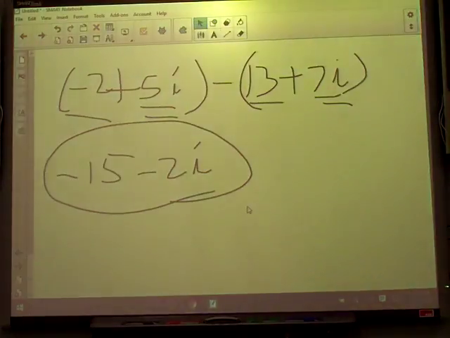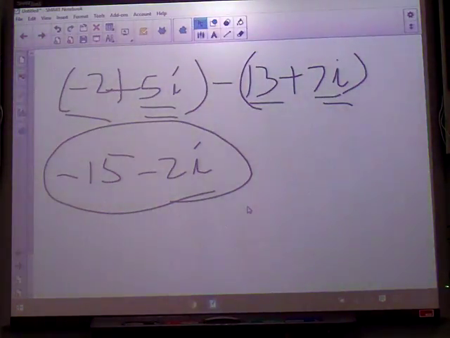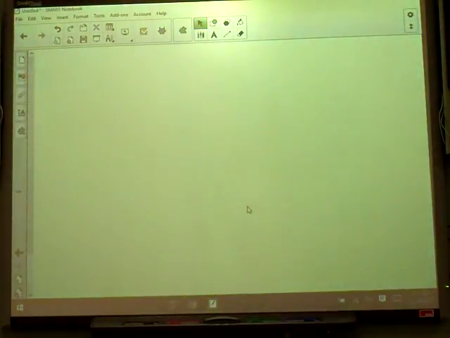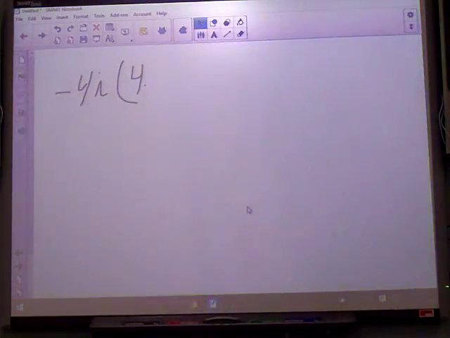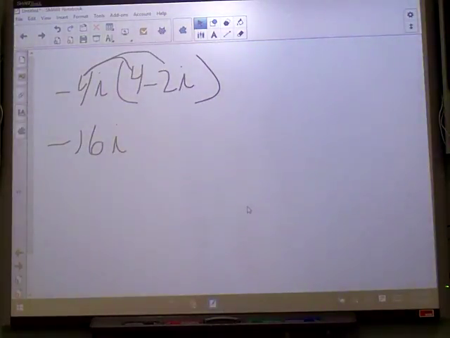On the next section, we were multiplying them, so I'm going to do 118 first. There were some things people forgot about i squared when they were working on these yesterday. On 118, I have -4i times 4 minus 2i. -4i times 4 is -16i. Here, a negative times a negative is a positive. 4 times 2 is 8.